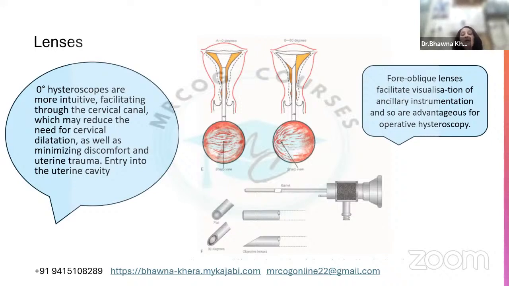It will also minimize the discomfort and uterine trauma. And of course, it facilitates the entry into the uterine cavity. Now, the 30-degree lenses are oblique lenses. They facilitate the visualization of the ancillary instrumentation and so are advantageous for operative hysteroscopy.